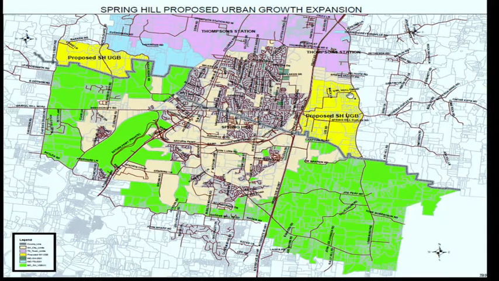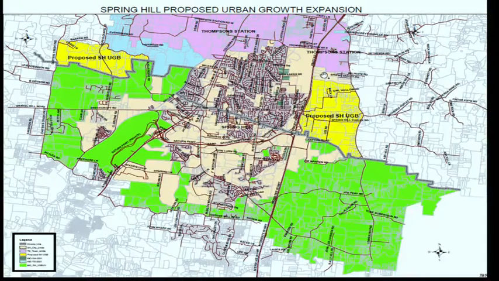We have identified 2 sections of the city in Williamson County. As of this moment, there are about 7 municipalities that are working together within Williamson County, looking to each expand their urban growth boundary. You have Nolensville, Fairview, Brentwood, Franklin, the City of Spring Hill, and Williamson County, all working together, having conversations to identify what are the areas that we're looking at.